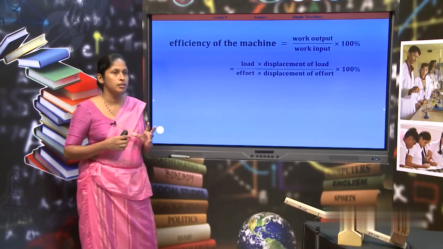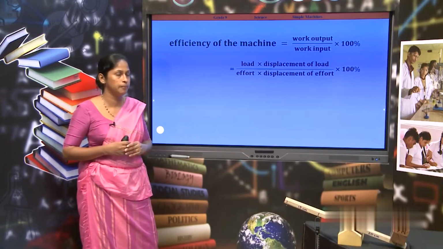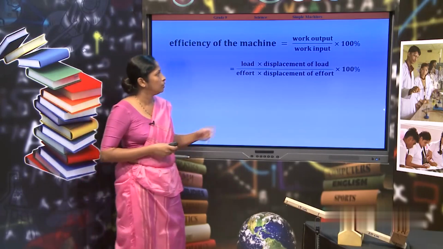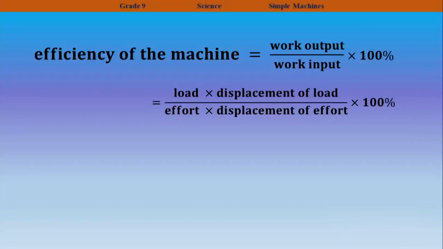Now, let us find out another way to calculate efficiency of the machine. I told you earlier, efficiency of the machine is work output divided by work input multiplied by 100%. Work output was calculated by load multiplied by displacement of load, and work input was calculated by effort multiplied by displacement of effort.